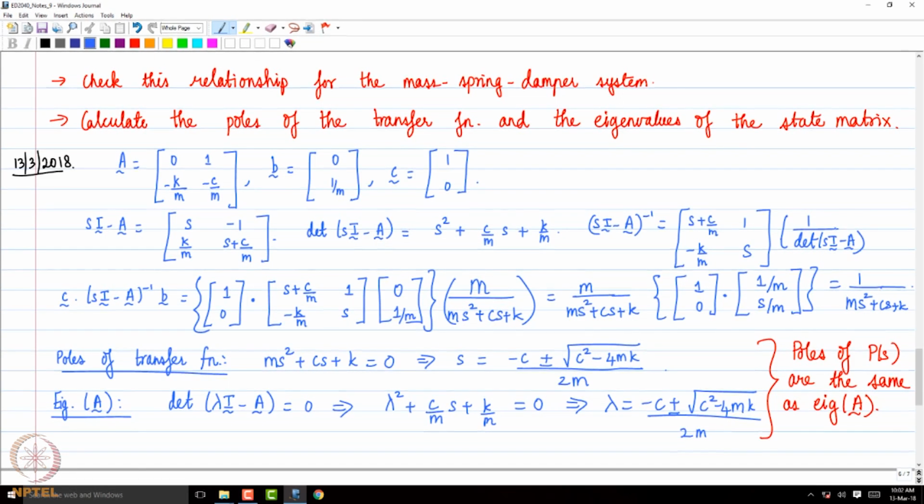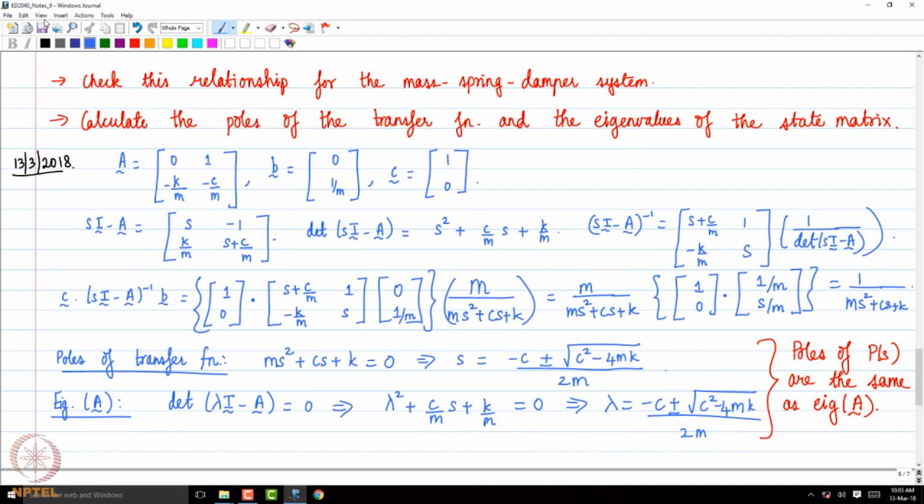So that's the inverse. And C dot (sI minus A) inverse B is going to be this, and if you do the algebra, you will see that you will get the transfer function itself. That's just an exercise to verify the formula that we derived for this particular example. Obviously it must be true, right?